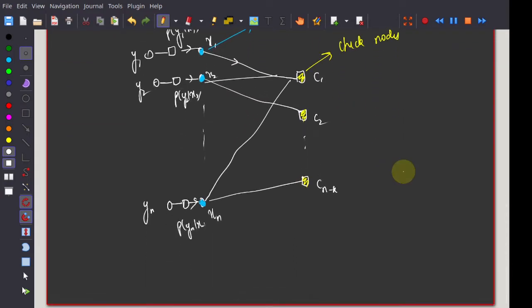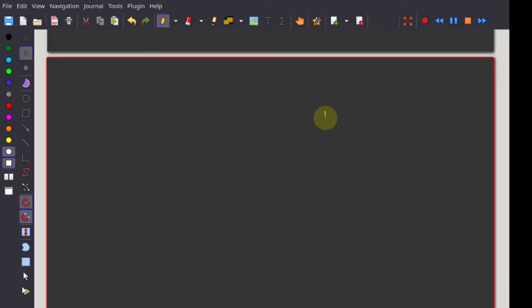But for each check node, you take one particular check and look at all of its neighbors. This is the jth check node.